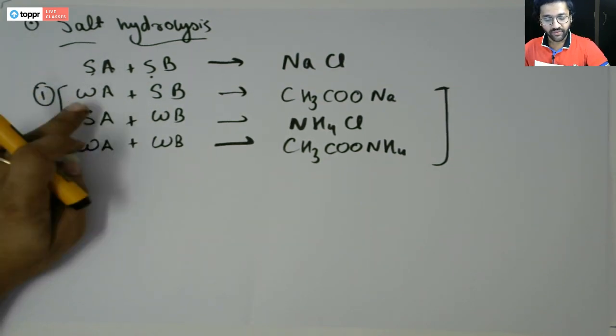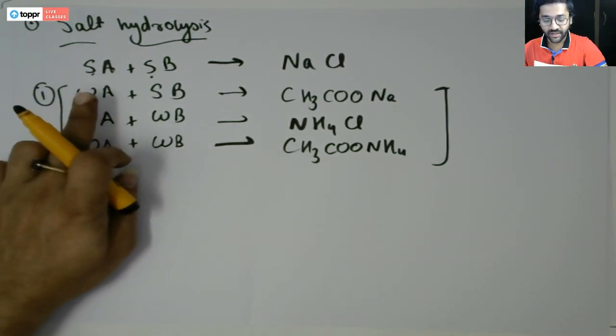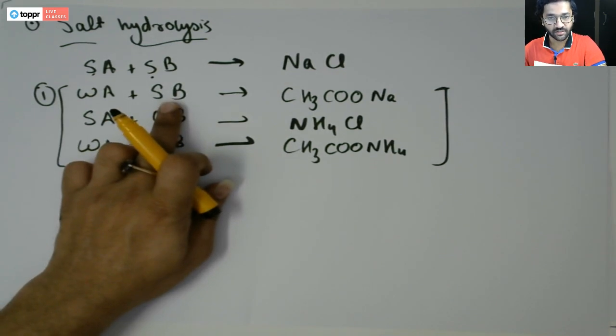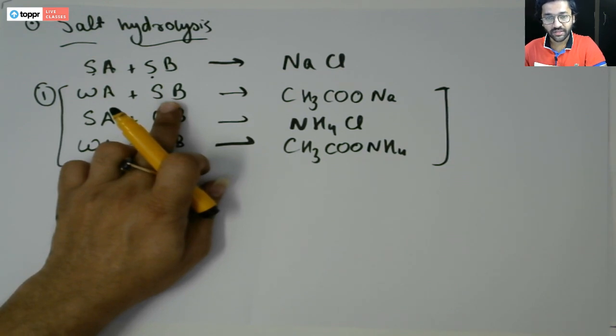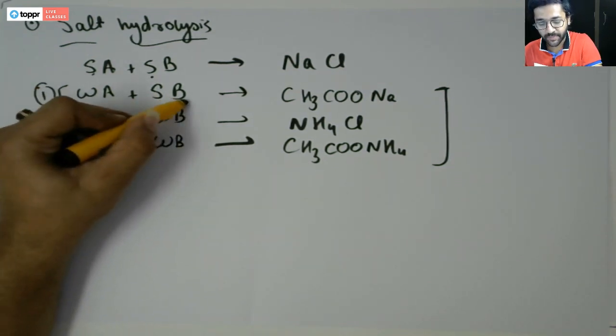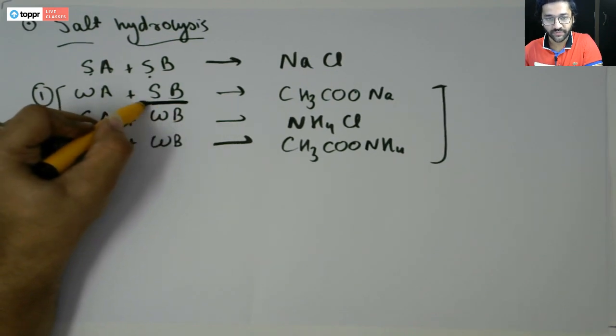As we can see, it's a weak acid and a strong base. So after hydrolysis, what will happen? The pH of the salt will be more than 7 because the base is stronger.